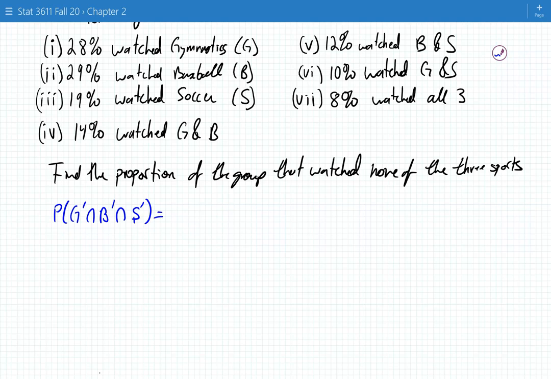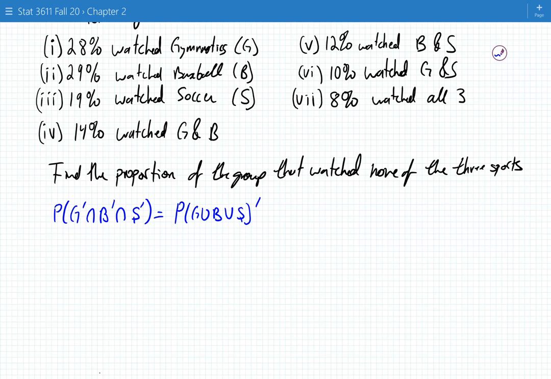Now, again, we just saw this via De Morgan's law. Similar thing as before. Via De Morgan's law, this is the opposite event of gymnastics or baseball or soccer or any of them. It's the complement of that event: gymnastics or baseball or soccer or any combination of those three. You take the opposite of that. That's what we have here.